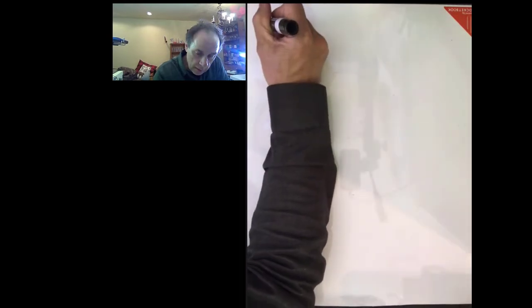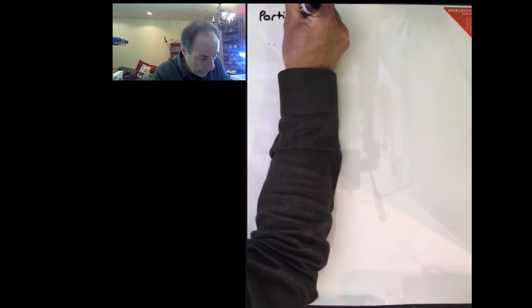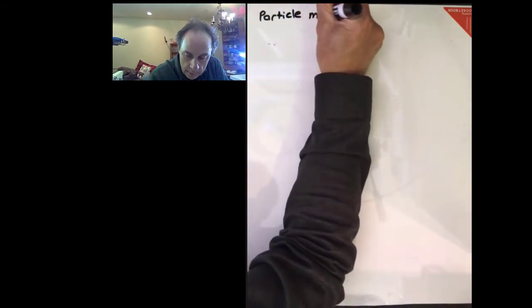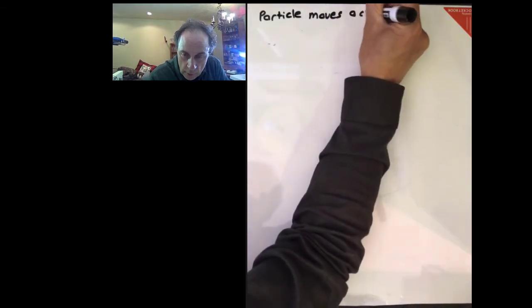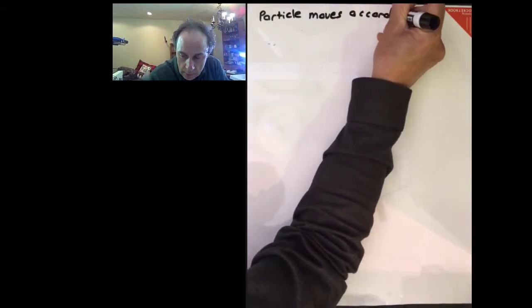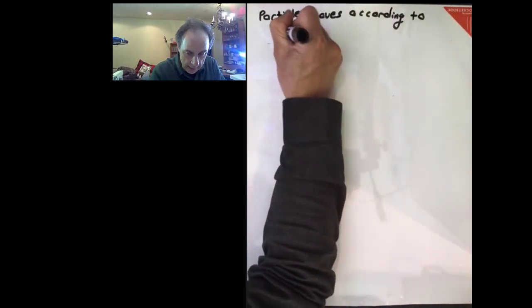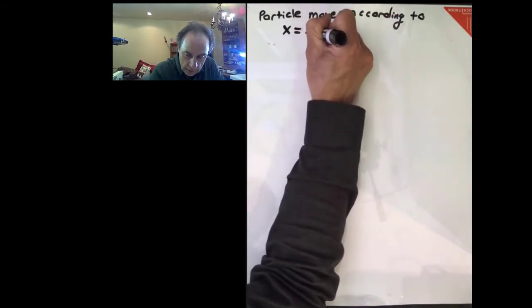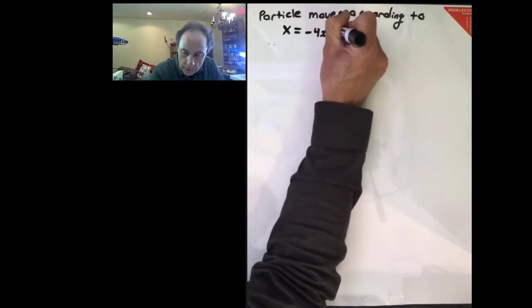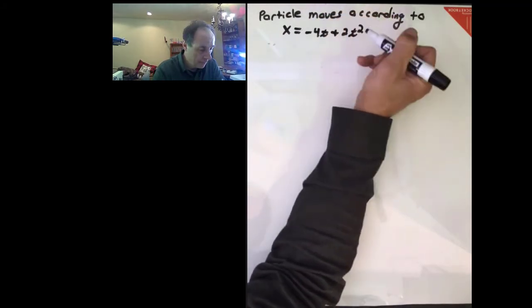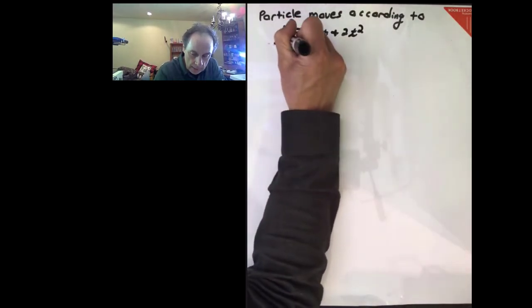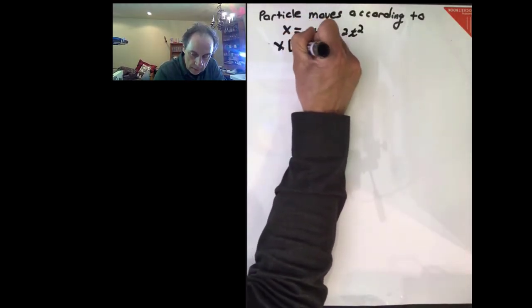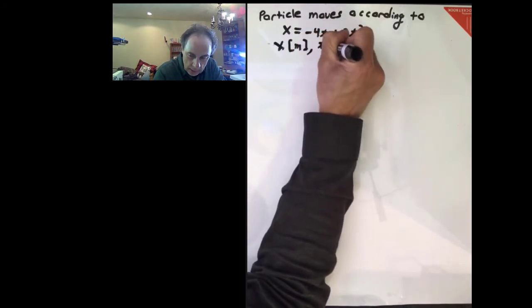So the particle moves according to this expression: x is minus 4 times time plus 2 time squared, where x is in meters, t is in seconds.